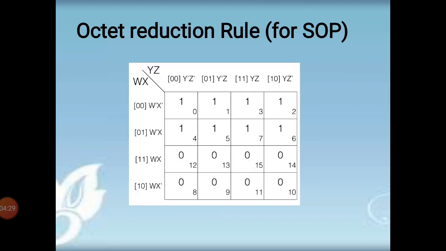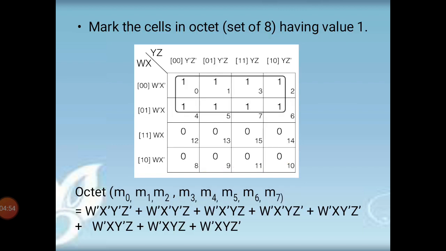Now octet reduction rule for SOP. Now we consider another KMap where M0, M1, M2, M3, M4, M5, M6 and M7, the upper two rows, have the value 1. So here mark the cells in octet.